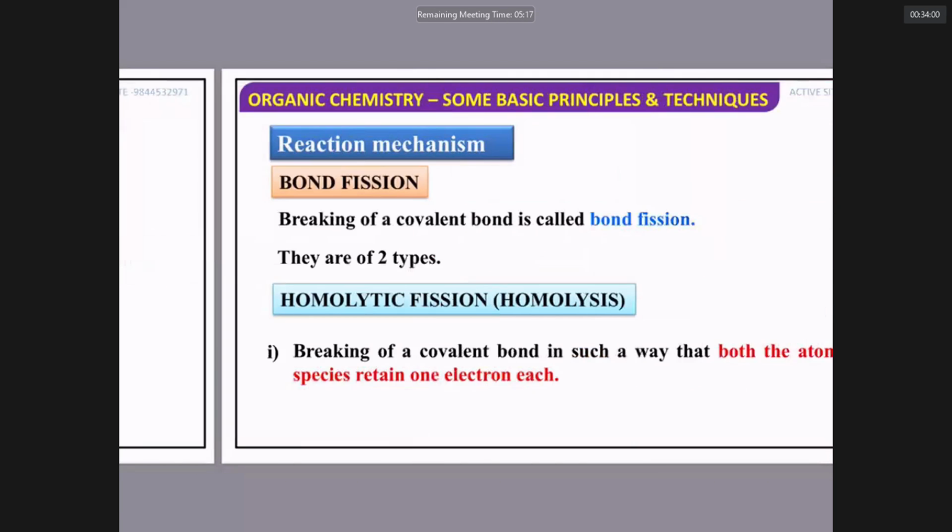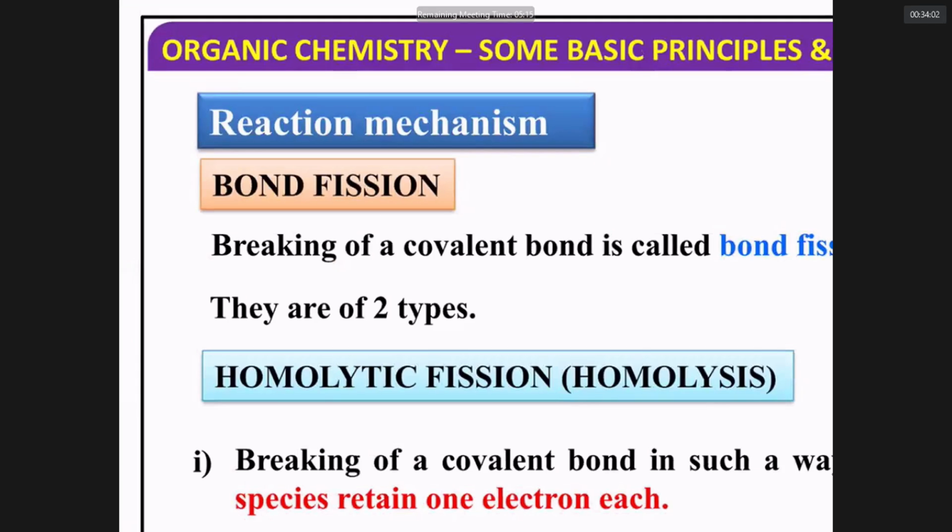Now let us see what it is. During the course of a reaction, existing bonds will break, new bonds will form. If there is a married couple A and B, wife and husband, can they marry again?